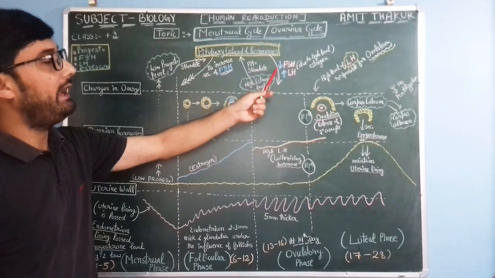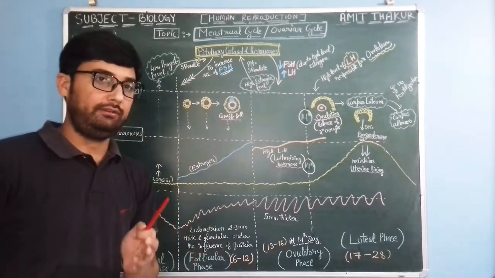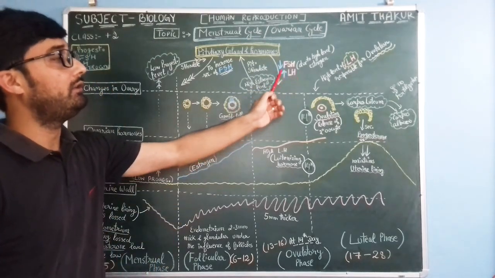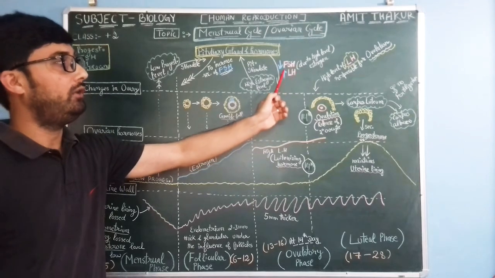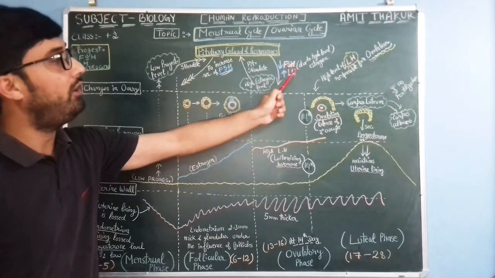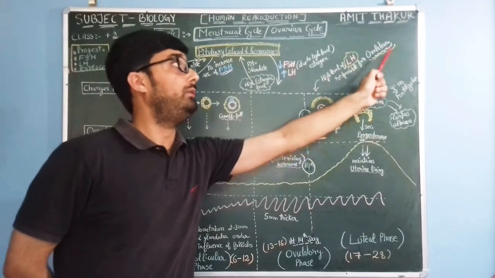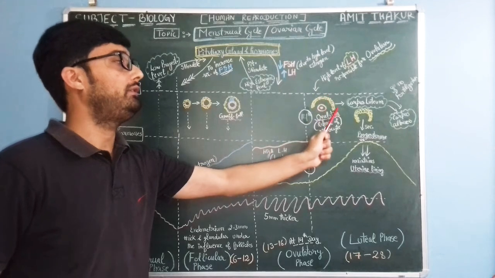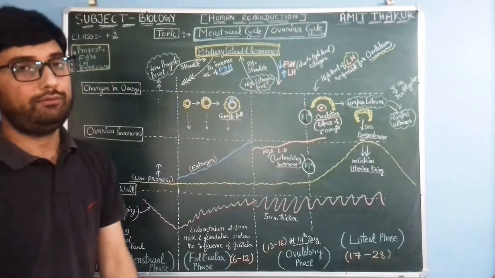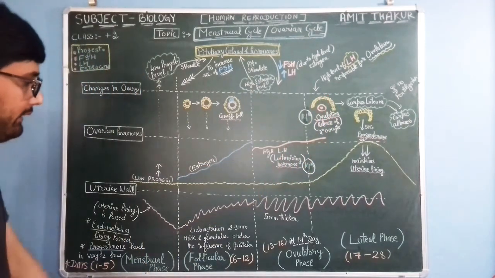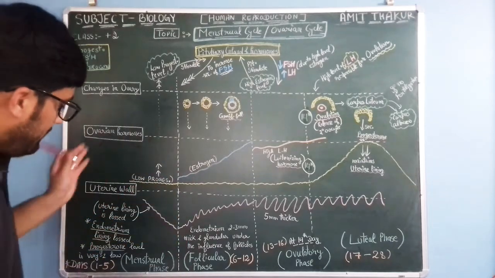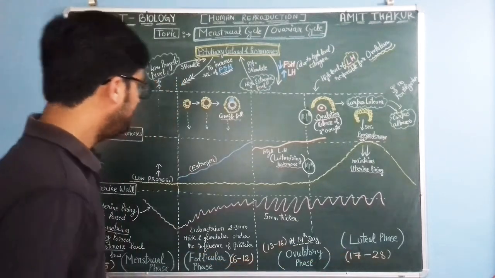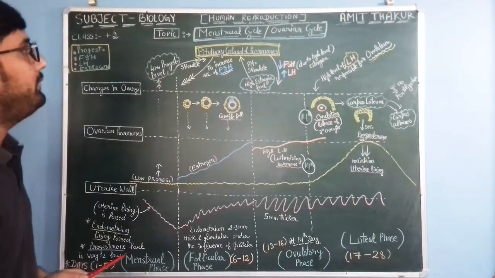In turn, this pituitary gland decreases the secretion of FSH, and there is a sudden increase in the secretion of luteinizing hormone, and this high level of luteinizing hormone is responsible for ovulation, that means release of secondary oocyte from the Graafian follicle. And you can see the menstrual phase, follicular phase, ovulatory phase, and luteal phase. So it's all about the menstrual cycle.